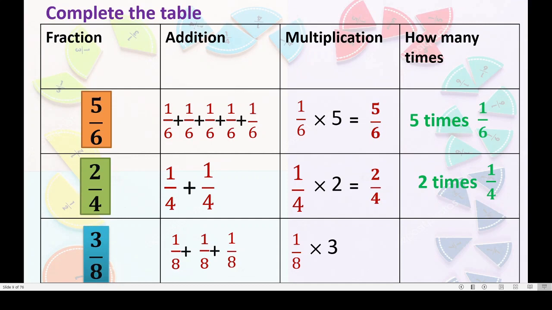So the answer is 3 ones are 3, that is 3 upon 8. Now how many times did we use 1 upon 8 here? 3 times. Correct? Got it, children? I hope you understood about the addition and multiplication form. Right? Good.